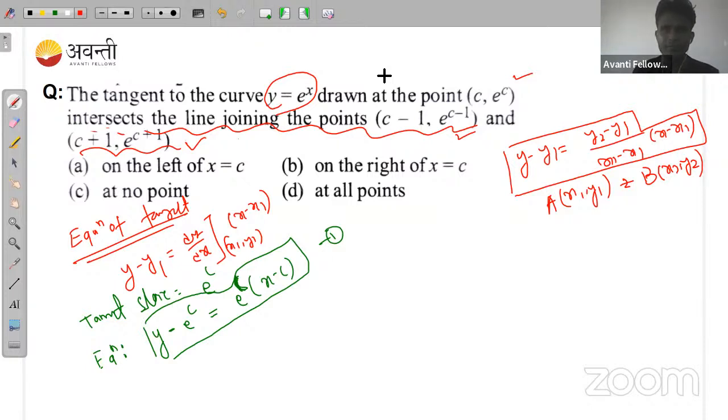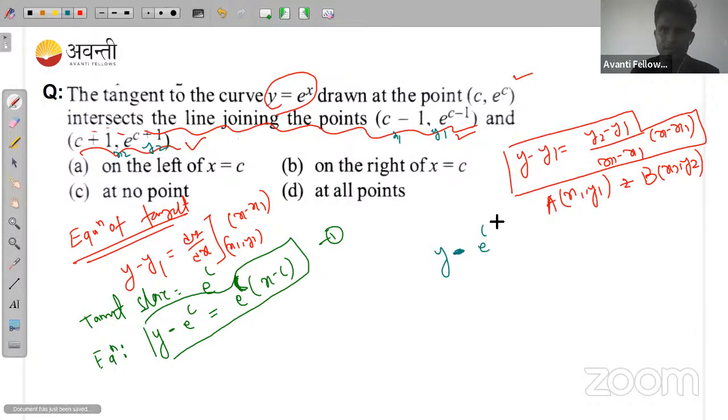Tell me how will find y minus y1. See what is y minus y1 here? It will be y minus y1. This is x1 y1, and this is x2 y2. Yes.